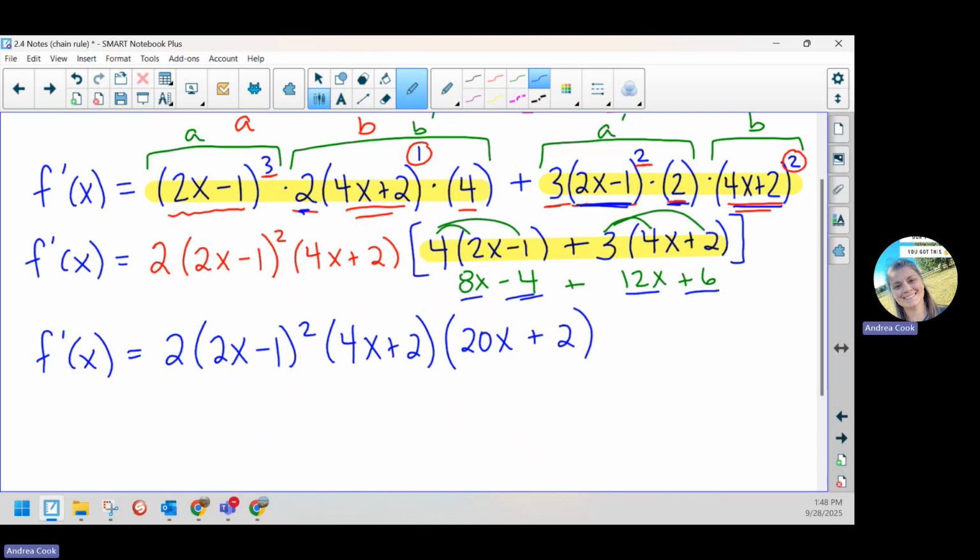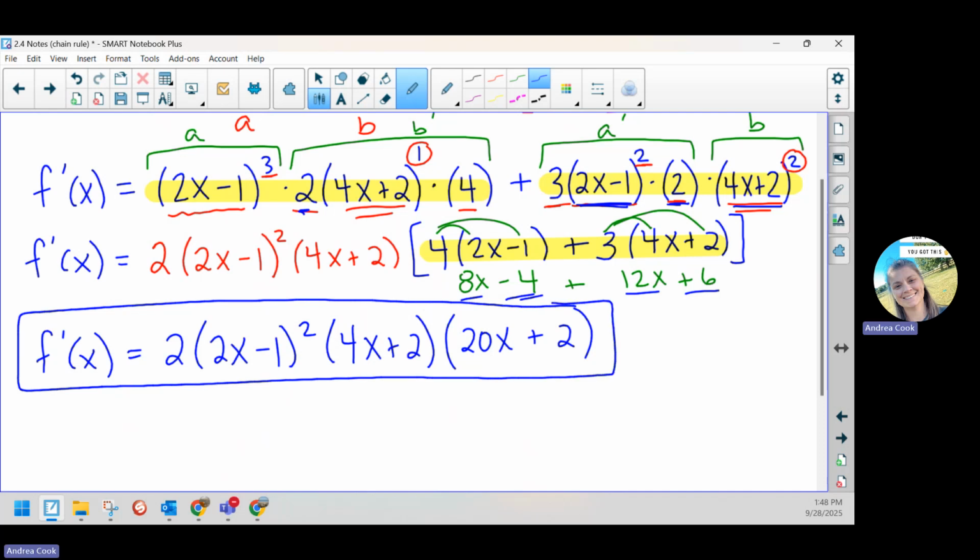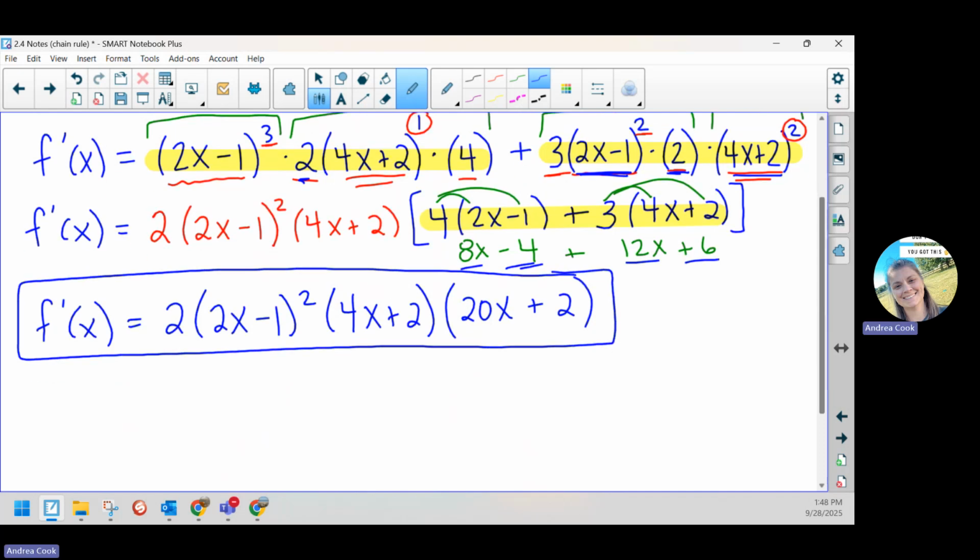And now that is a fine answer, but there could be a chance that they factored it a little bit further because there's a GCF there and a GCF there. So they could have taken a 2 out here and a 2 in the next parentheses.